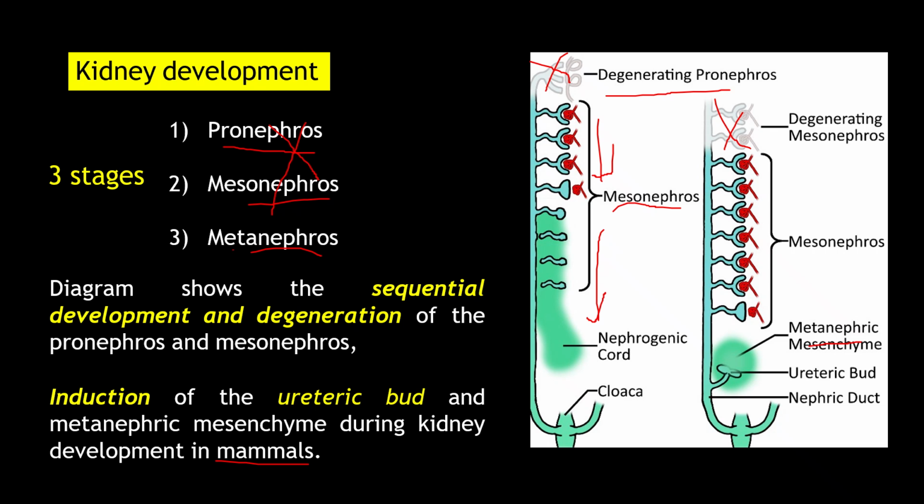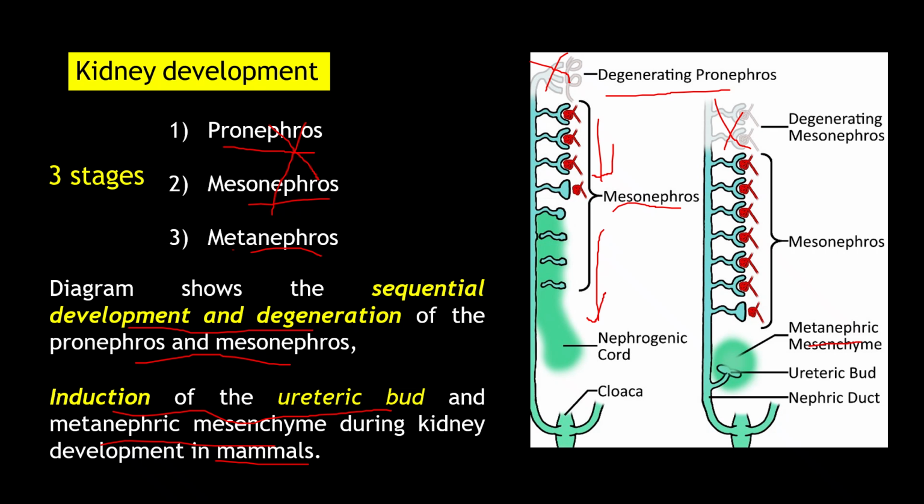So what I show you with this diagram is that there is a sequential development and degeneration of the pronephrons and mesonephrons, and how this degeneration occurs through apoptosis, while there is an induction of the ureteric bud and the metanephric mesenchyme during kidney development in mammals. This happens in mammals.